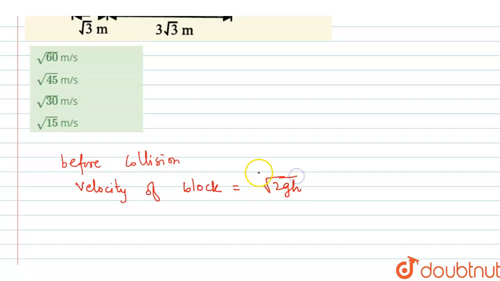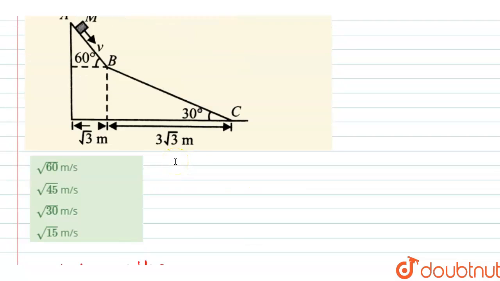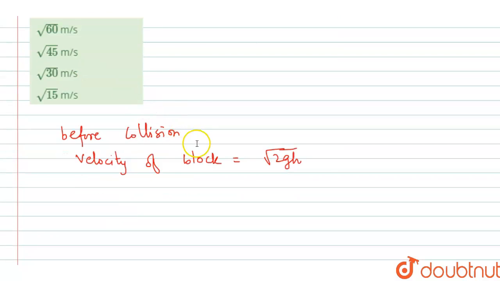And h in this case is, we know that h upon root 3 is equal to 1060, which implies h is equal to root 3 into root 3, which is 3 meter. The value of h is 3 meter.